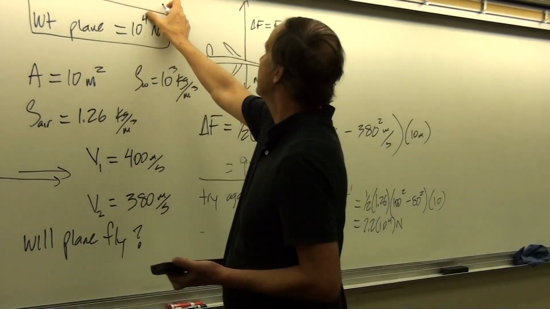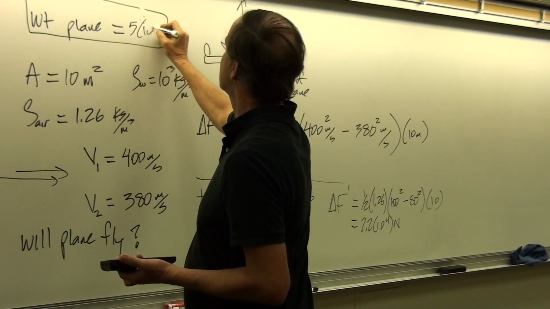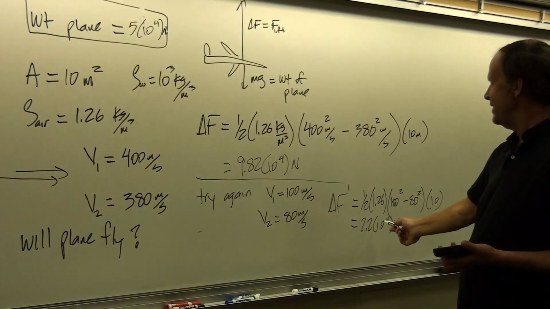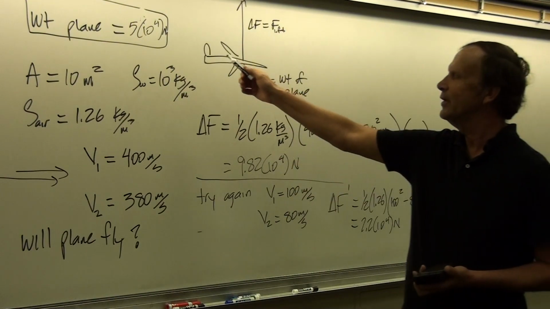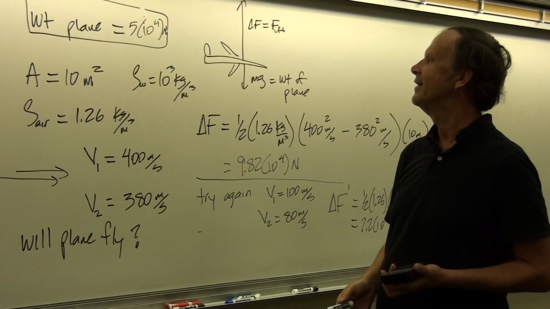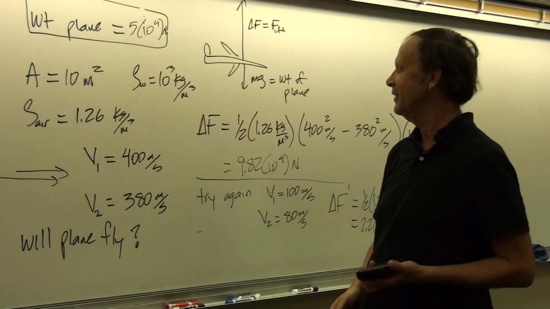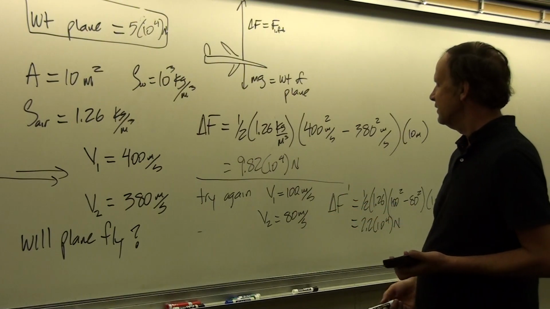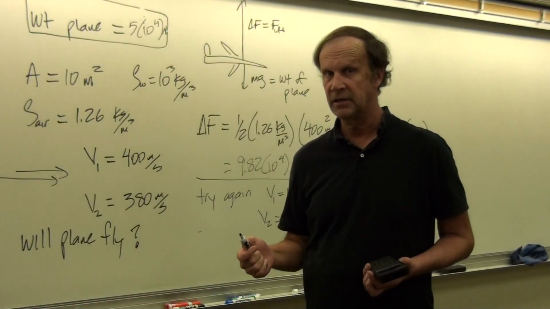But what if I had here for the weight of the plane 5 times 10 to the 4 newtons? Then in this case, it would be nowhere near being able to fly. And in the earlier case, it could fly fairly easily. Okay, so if the weight of the plane was, say, 10,000 pounds instead of 2,000 pounds, which might be a little more reasonable for the weight of a plane, then a plane that has slower velocities has less square of the velocity.